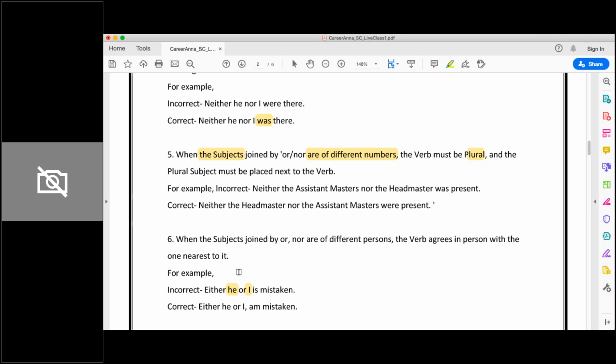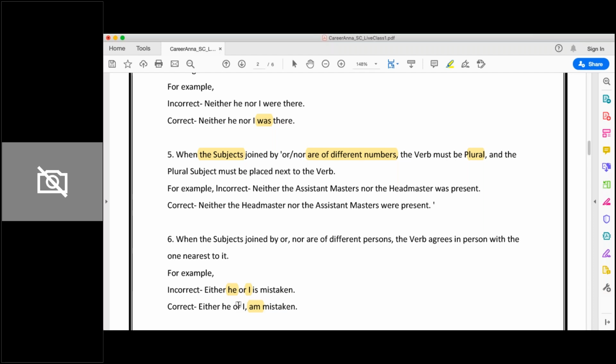Whenever you have he or I, or say she or I, you will use the verb as per the word which is closest to the verb. Suppose I've written either he or I, I will use am because am goes with I. But if it was either I or he, then my verb will be is.